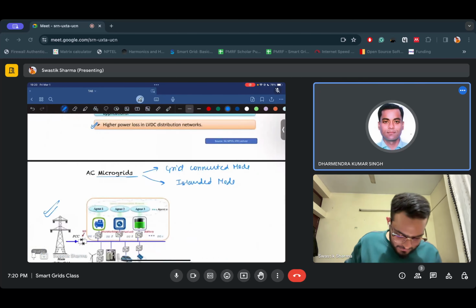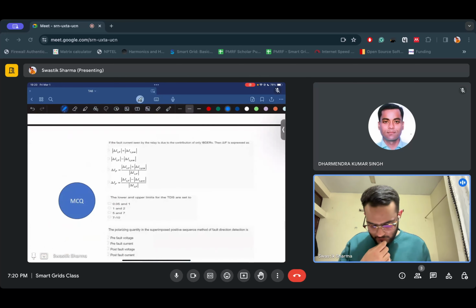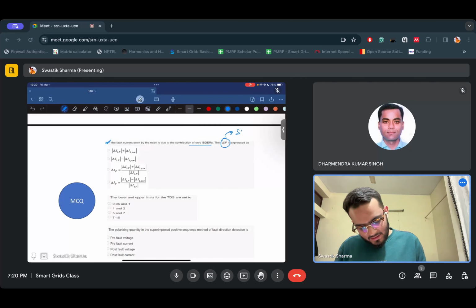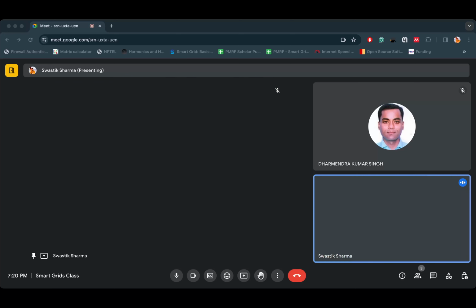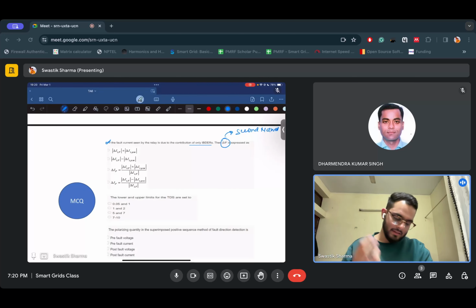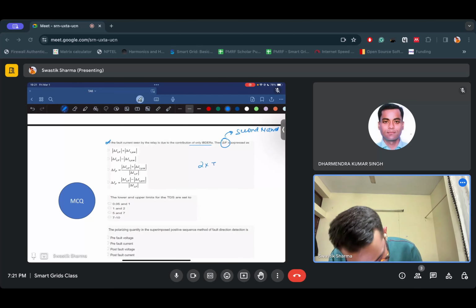Okay, let's do question and answers. Let's see how much you could gauge. First question: if the fault current seen by the relay is due to the contribution of only IBDRs, then delta IF is expressed as. Remember, I discussed in the second method how the index would change because the inverter based DRs experience less fault current, which is twice the rated fault current. What do you think would be the index?